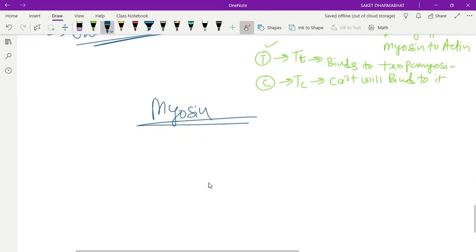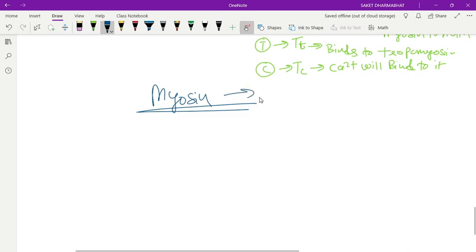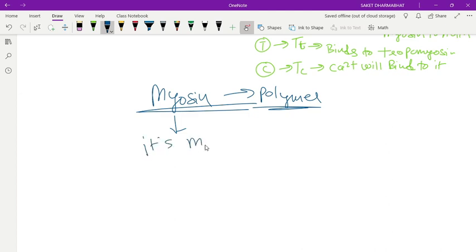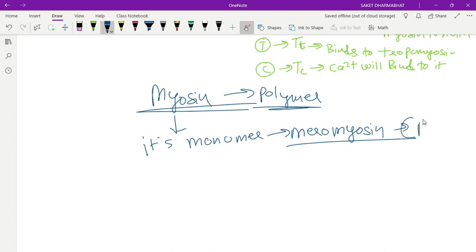Okay, so myosin is what? It is a polymer. Its monomer is called meromyosin. Meromyosin, it is a name of what? It is a kind of what? Protein. I told you in the muscle everything is made up of protein only.